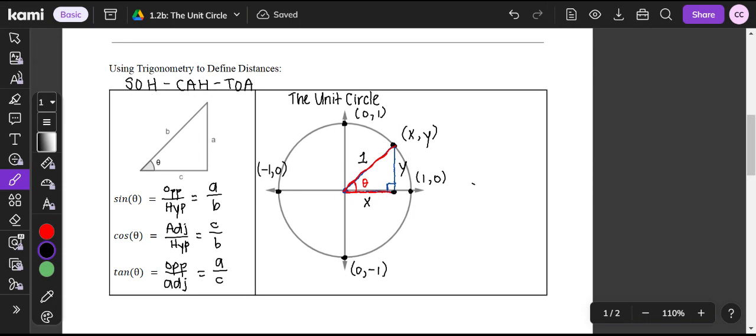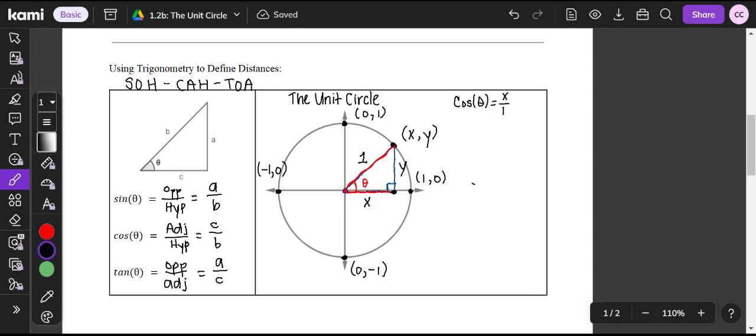And I can use these same concepts, sine, cosine, and tangent, to try and figure out what x and y are. So let's look at cosine first. Cosine theta, remember, is the adjacent side divided by the hypotenuse. So in this triangle, the adjacent side is x, divided by the hypotenuse, which is 1.